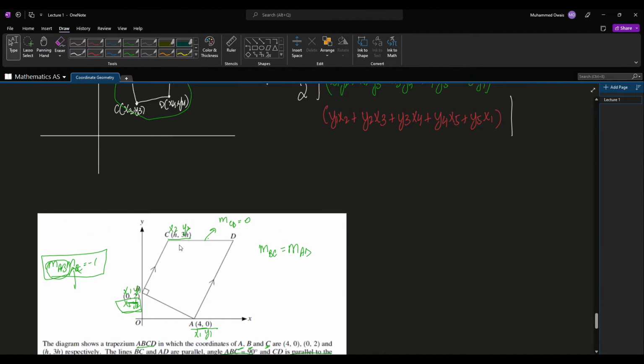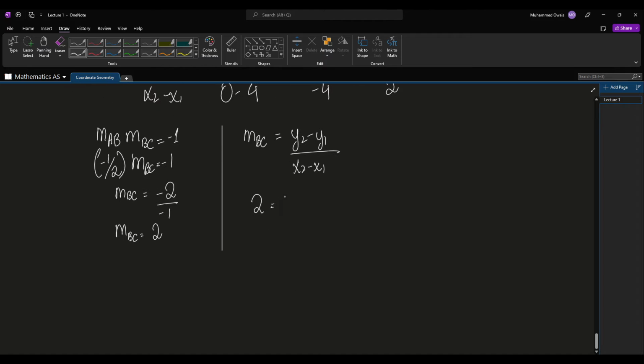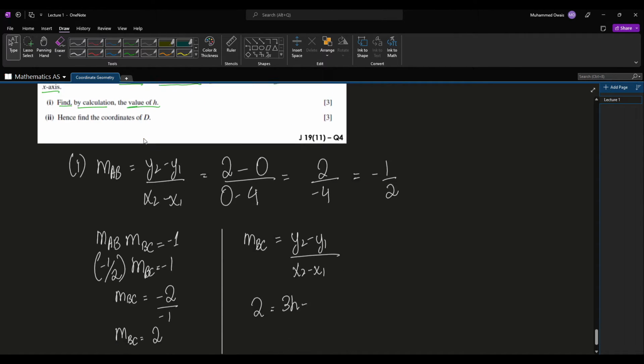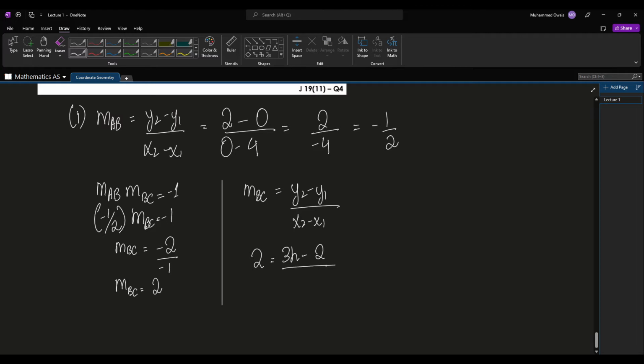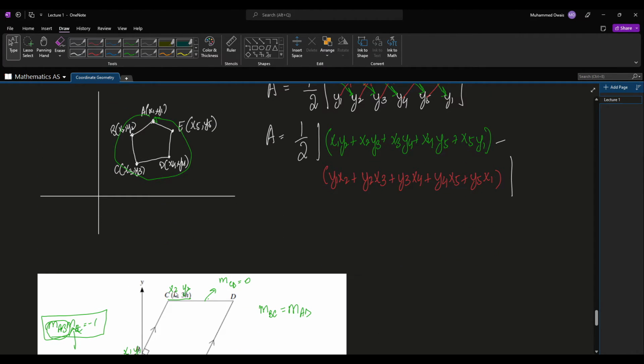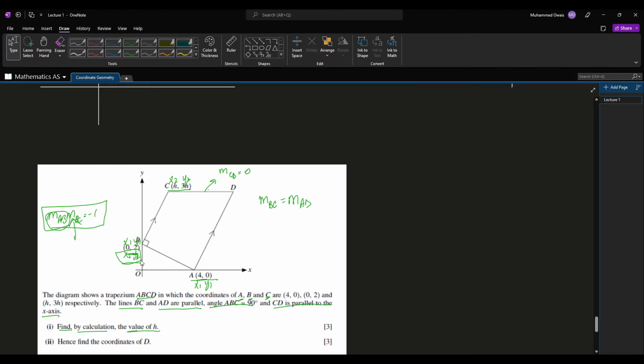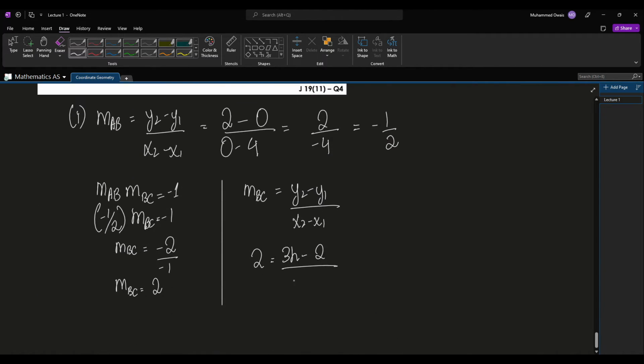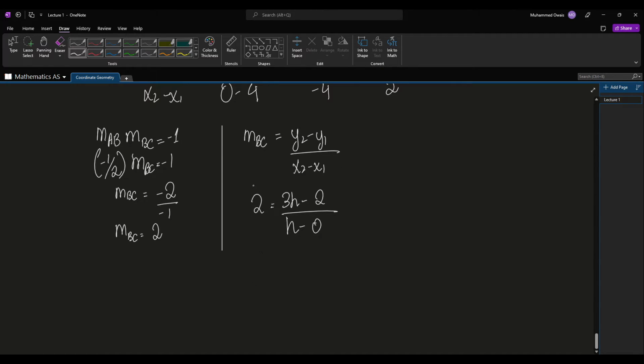y2 is 3h minus, what is y1? y1 is 2. x2 is h and x1 is 0. So h minus 0. Now then, 2 is equal to 3h minus 2 over h.